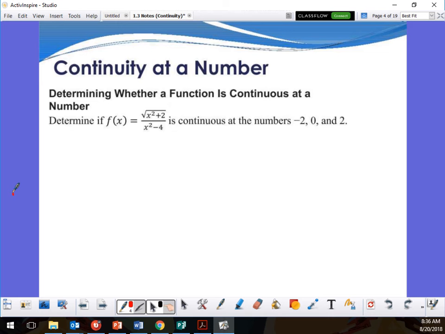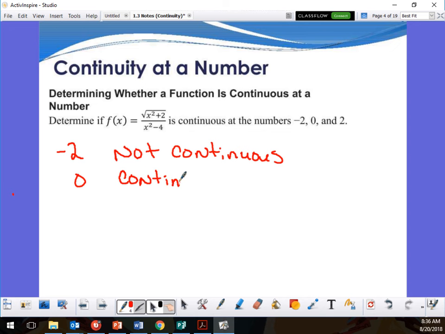So at negative 2, this is not continuous. Okay, 0 is continuous. And positive 2 is not continuous. Yes? Yes. Okay, good.